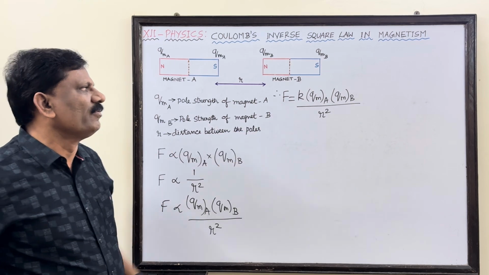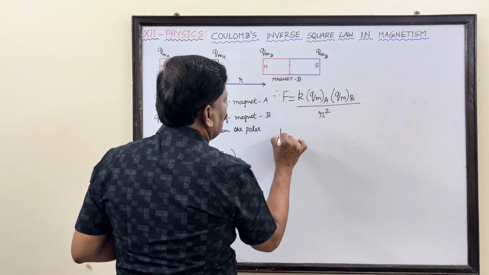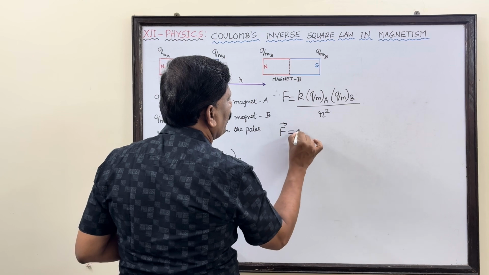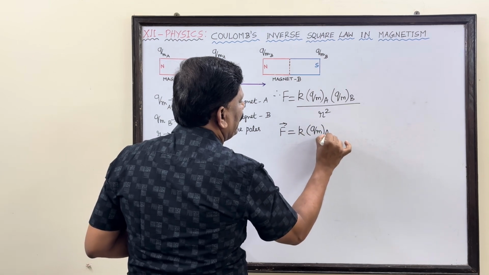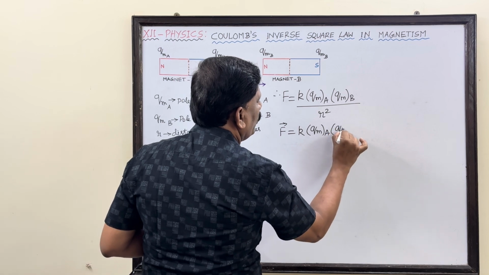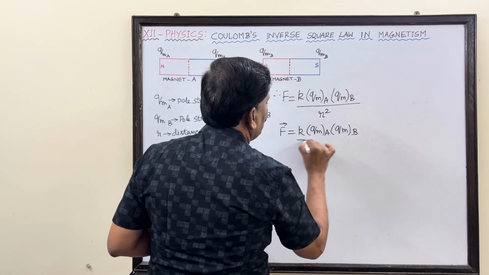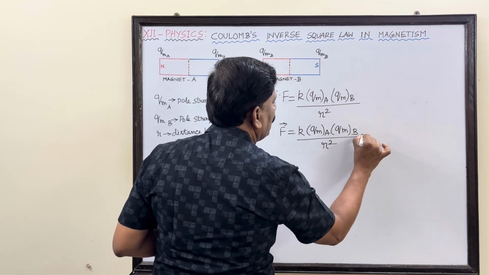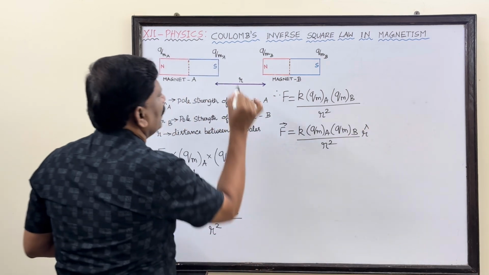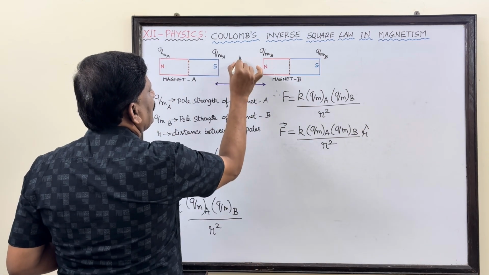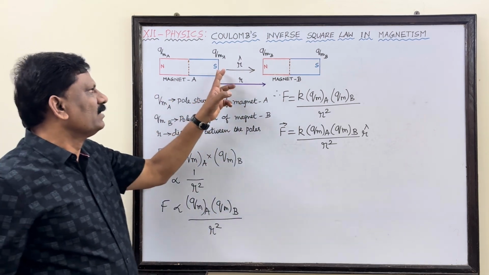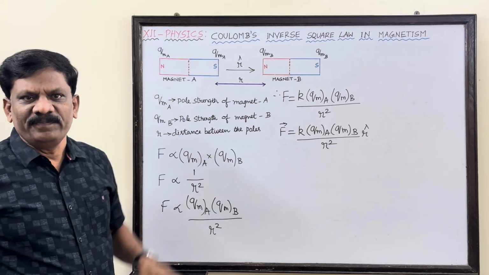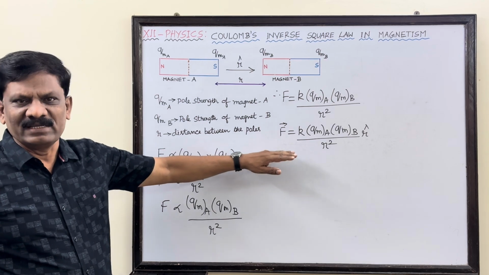In vector form, the vector F is equal to K into QM-A into QMB divided by R square into R cap, where R cap is the unit vector along the direction of R, that is from the south pole to the north pole. Okay, this is in the vector form also.